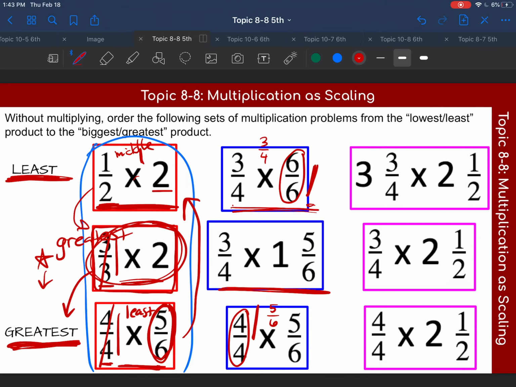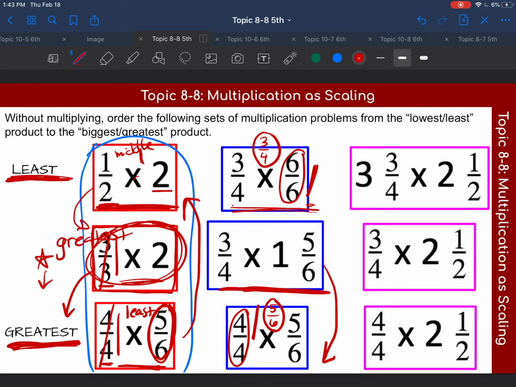We are multiplying this fraction by a mixed number, meaning that this is going to be greater than 1. So this one is going to be the greatest because it has a mixed number in it, and none of the other ones do. A mixed number is always greater than just a regular fraction. Now, we have 5/6 and 3/4. That's tough. I don't know which one is greater.